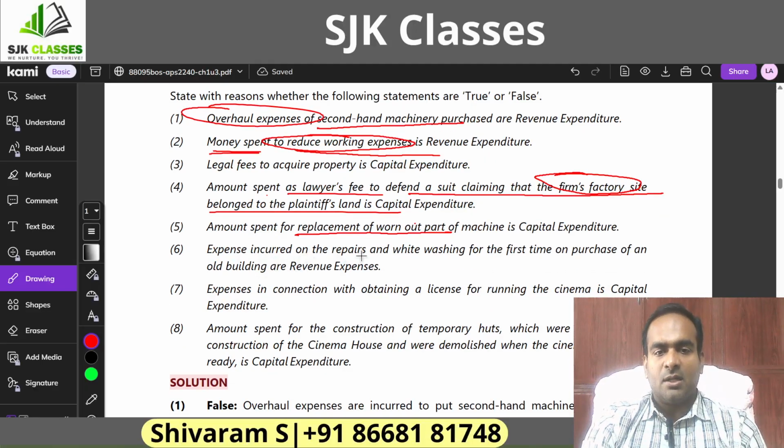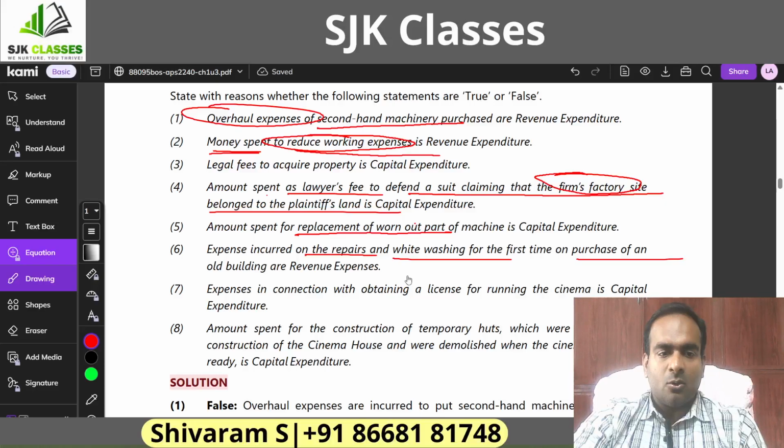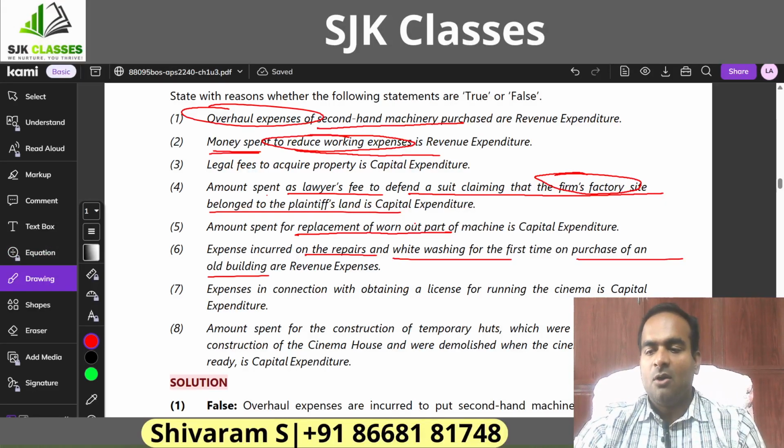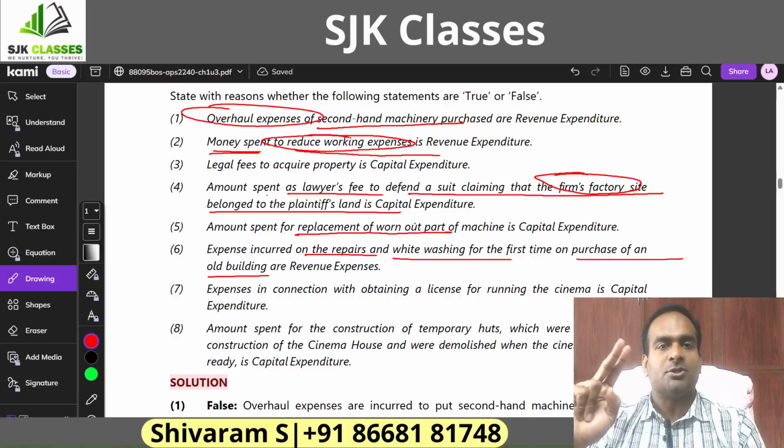Expenses incurred on the repairs and whitewashing for the first time on purchase of an old building are revenue expenditure. What they are saying is that they're incurring some repair cost as well as whitewashing on the purchase of an old building. We have purchased an old building, and for it we are incurring this repair cost as well as whitewashing. So apply the same provisions.